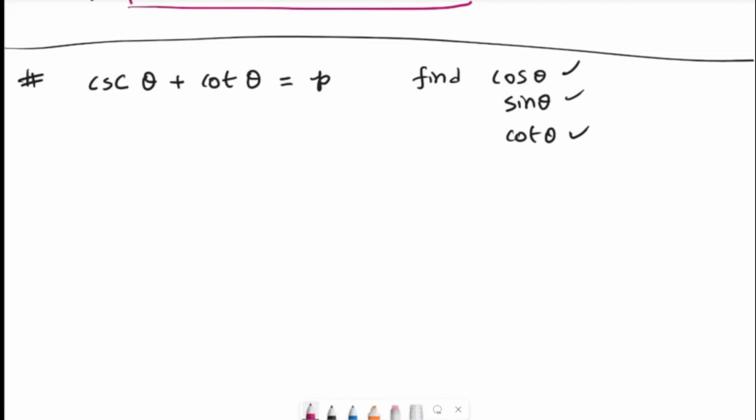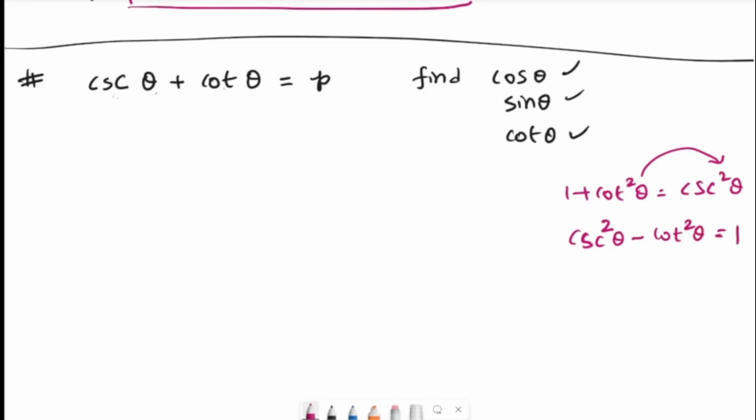Remember the formulas I gave you? Whenever we have cosecant theta plus cot theta, what is the formula that deals with cosecant and cot? 1 plus cot square theta equal to cosecant square theta, right? I can move this here and write it as cosecant square theta minus cot square theta equal to 1.